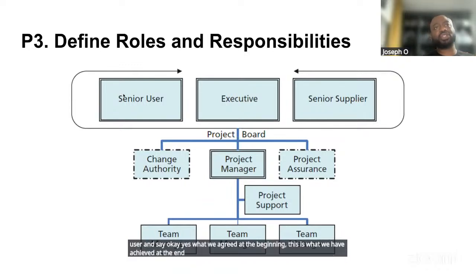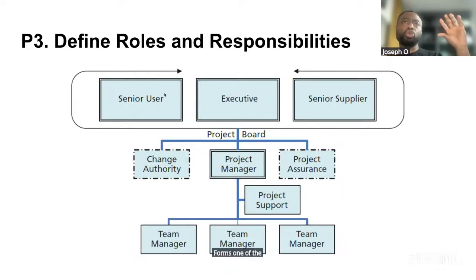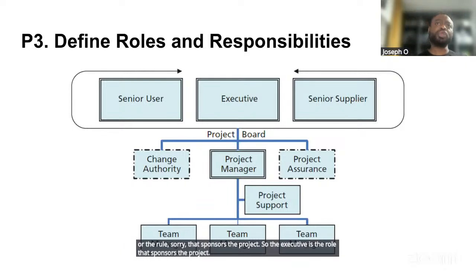But it has to be someone senior, and the senior user usually forms one of the key roles in the project board. Then the executive is the role that sponsors the project. The role is usually budget related.